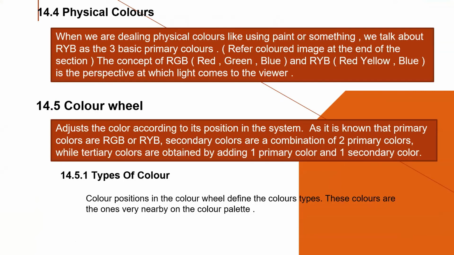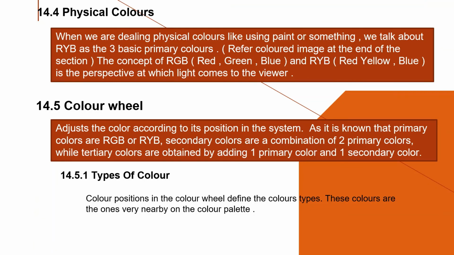Physical colors. When we are dealing with physical colors, like using paint or something, we talk about red, yellow, blue as the three basic primary colors. Refer to the color image at the end of the section. The concept of red, green, blue and red, yellow, blue is the perspective at which light comes to the viewers.